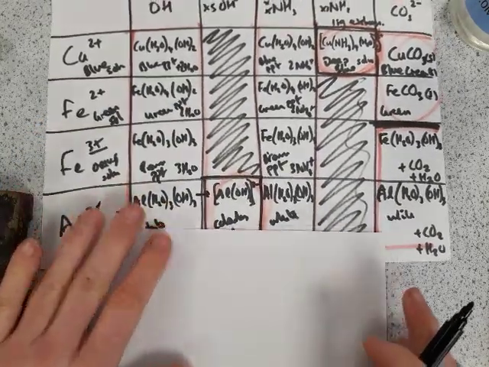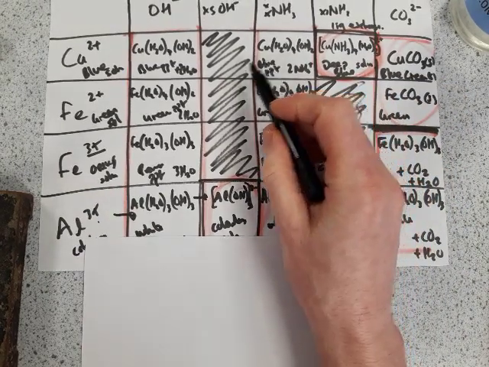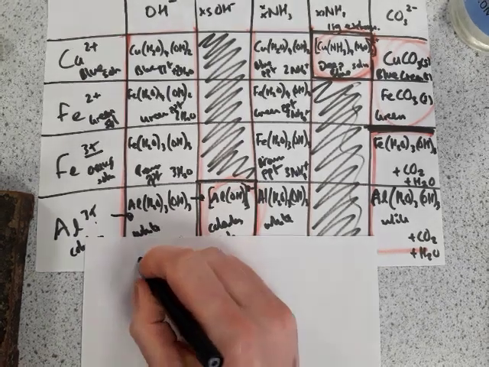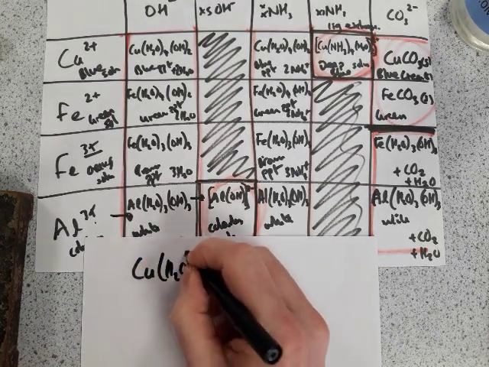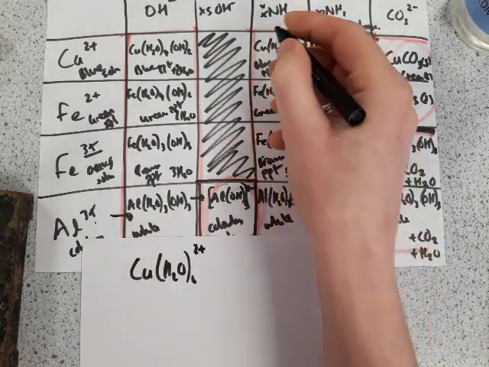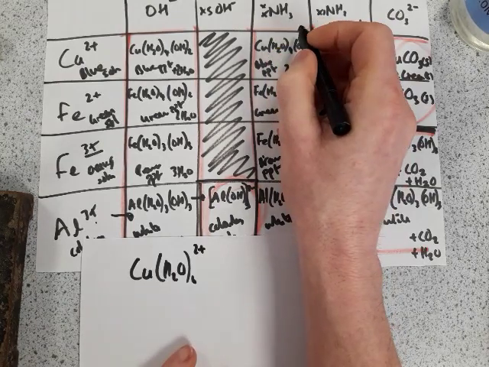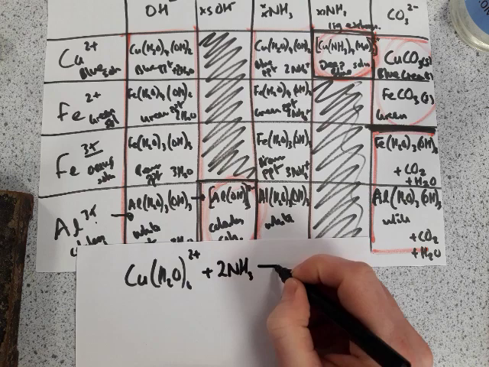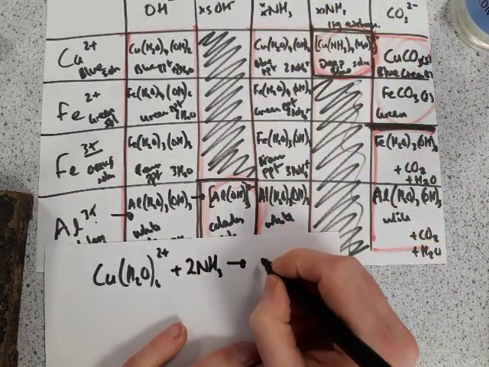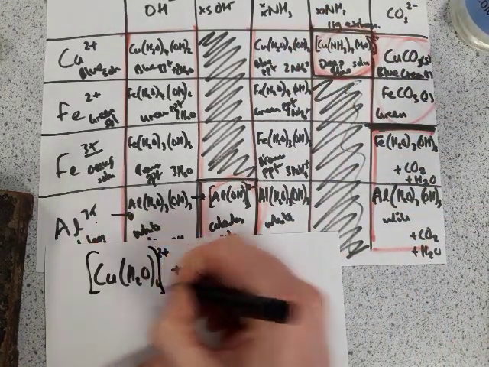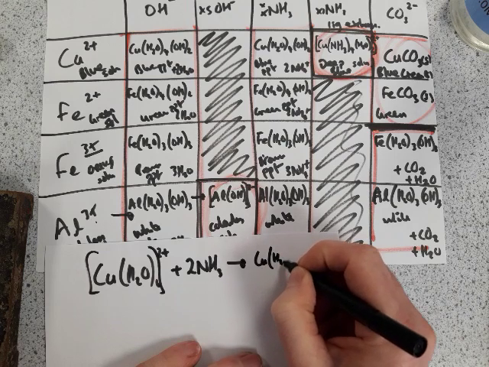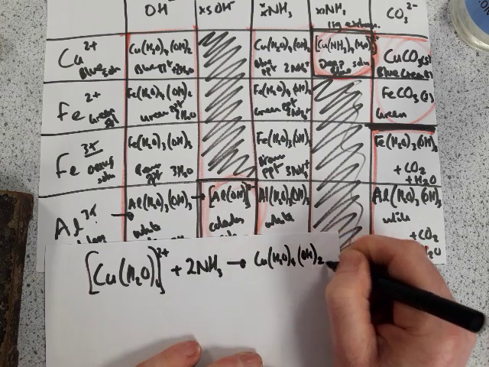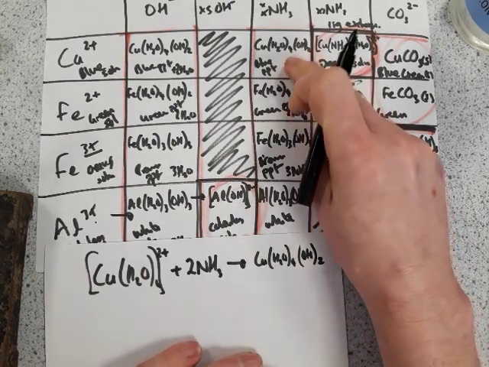Next. What about the other sneaky little area it could ask you about? It could ask you to write an equation for what happens when you've got Cu(H2O)6 2+ and you add some ammonia. Well, if you add 2 ammonias, that will take you to this box. You will make Cu(H2O)4(OH)2, that's a blue precipitate, this one up here.